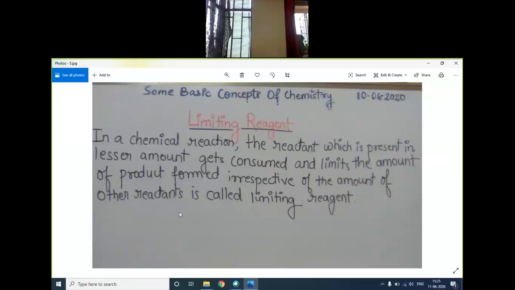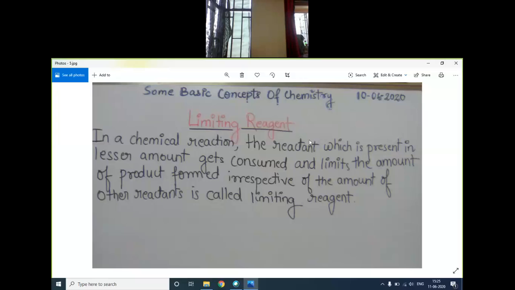Now, if you keep on adding hydrogen, oxygen is totally consumed. Does it form more product? No, it will not form more product because oxygen is already finished. So whatever the amount of other reactant, that is not going to increase the amount of product, because the lesser amount reactant is already consumed. So that lesser amount reactant will be the limiting reagent.